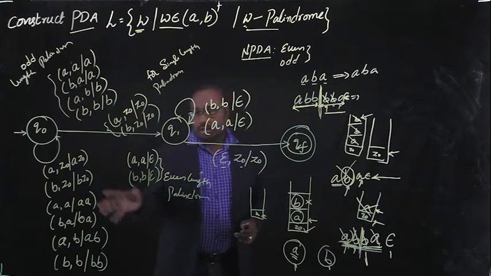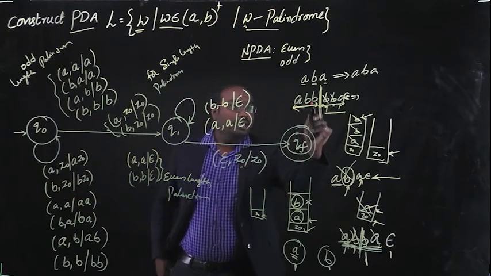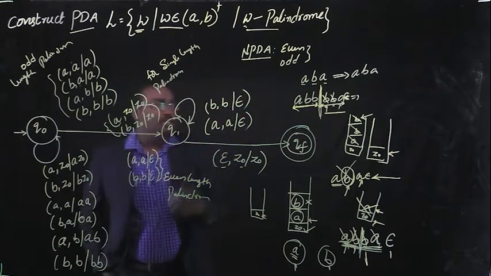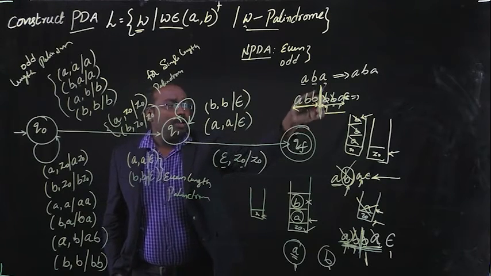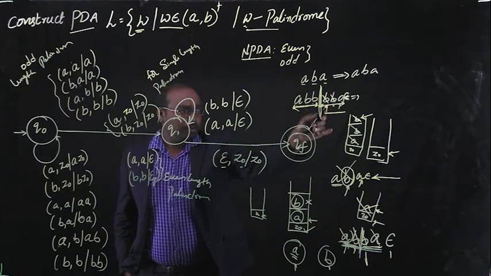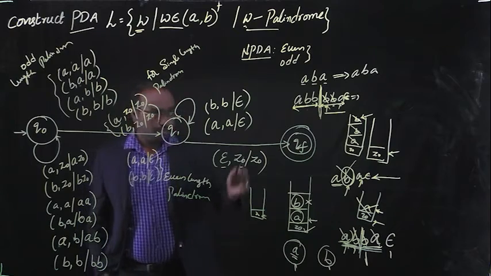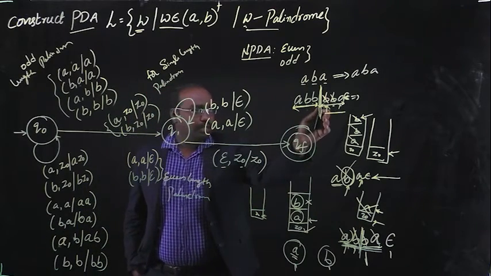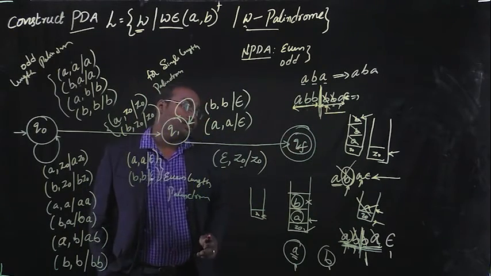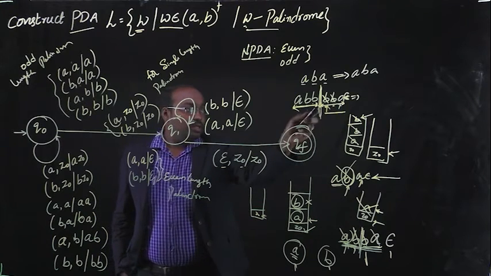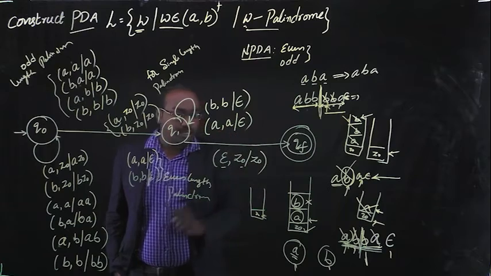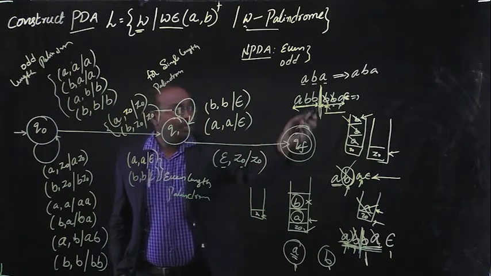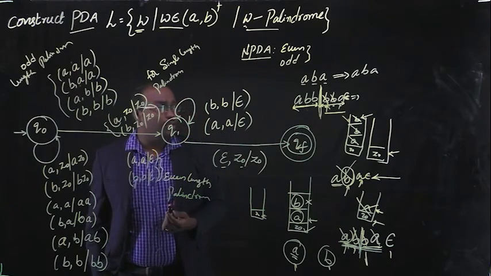And so until we reach the middle of the string, and after the middle of the string we can read the next input symbol. That input symbol should be matched with the stack's top element. Only then can we pop the element from the stack.